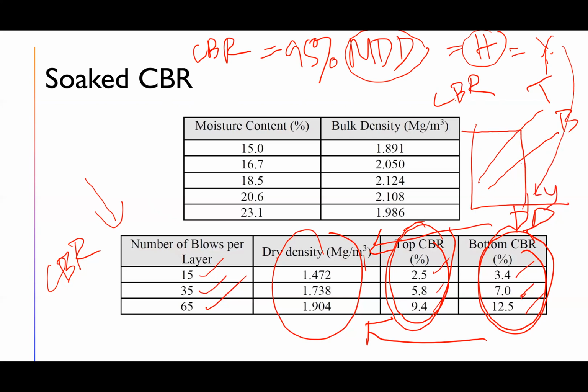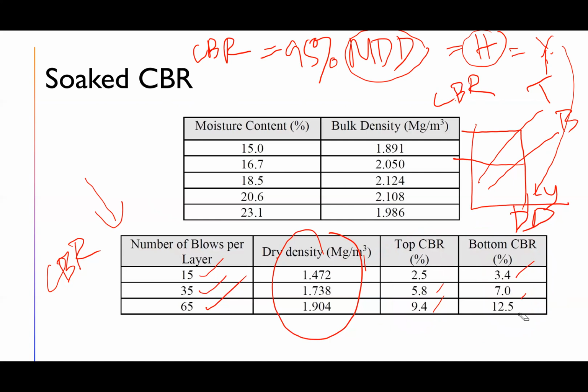You draw a line and get the value. So this is actually the value that you want, the CBR at 95% MDD. I hope it is clear for you.